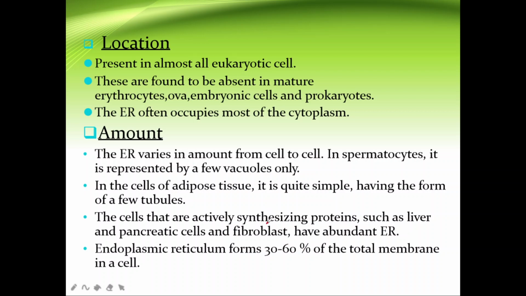In ample amount, it is found in the cells which synthesize proteins. Now, which cells synthesize proteins? Liver cells, pancreas cells and fibroblast cells. In these cells, the endoplasmic reticulum is found in ample amount. Endoplasmic reticulum forms 30 to 60% of the total membrane in the cell.